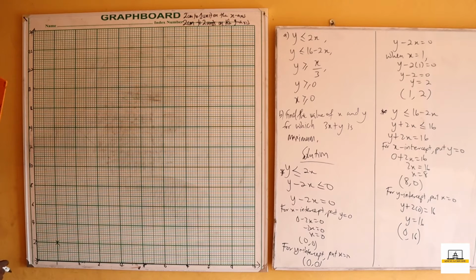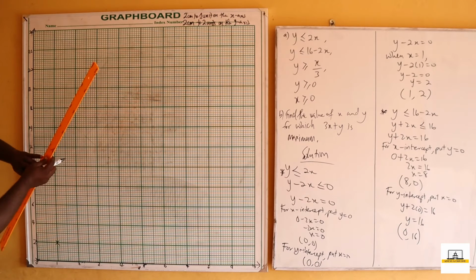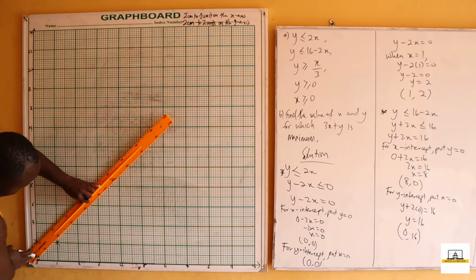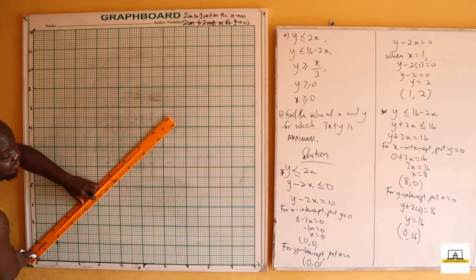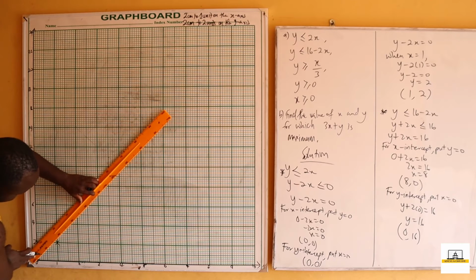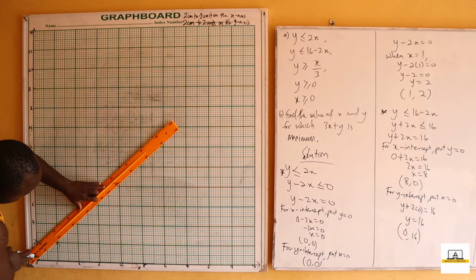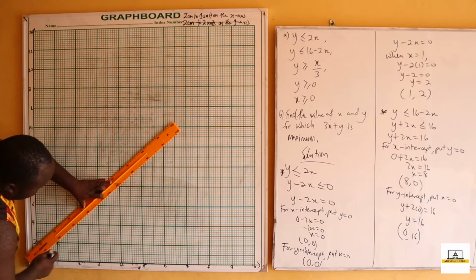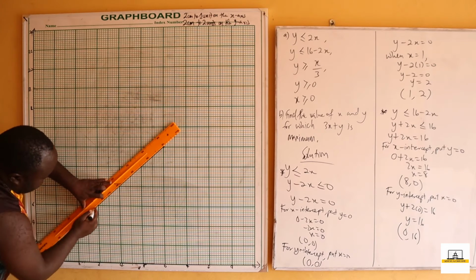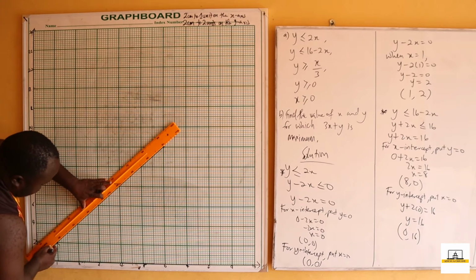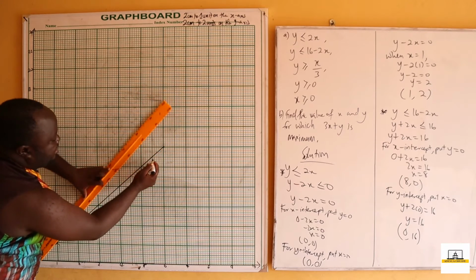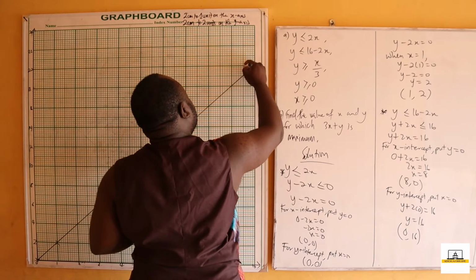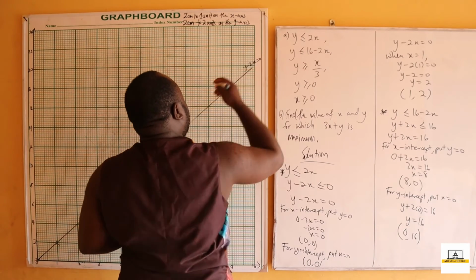With these 2 points, we are going to draw the straight line through where we have the 2 points. So the straight line of y minus 2x is equal to 0 starts from the origin. So this is the line y minus 2x is equal to 0.